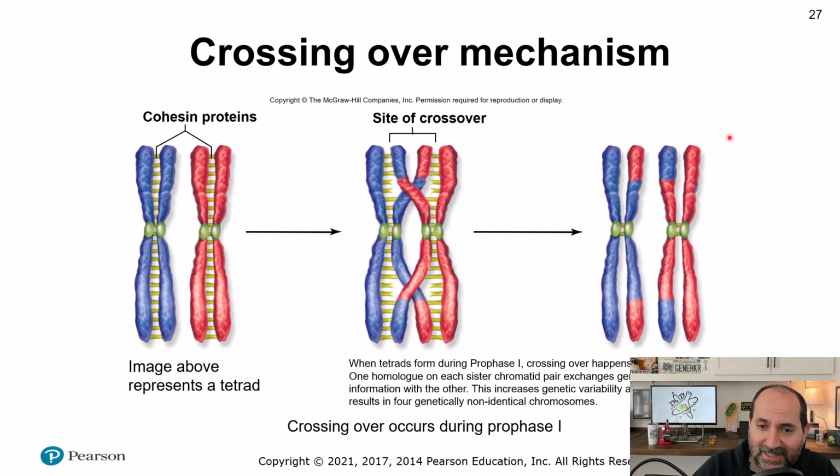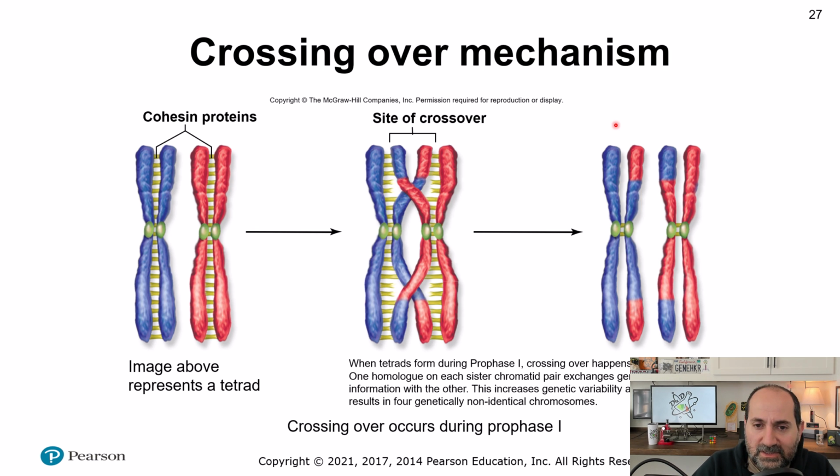And that's great because that is exactly what the purpose of meiosis is. The purpose of meiosis is to increase what's known as genetic variability, having more genetic shuffling going on, because this is part and parcel with sexual reproduction.